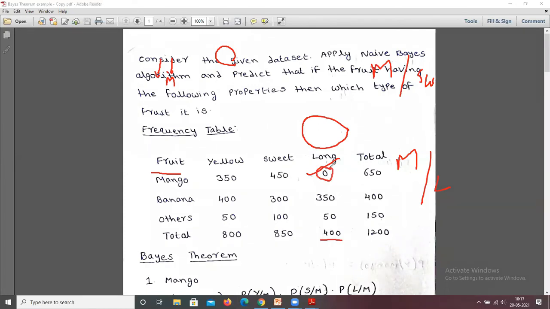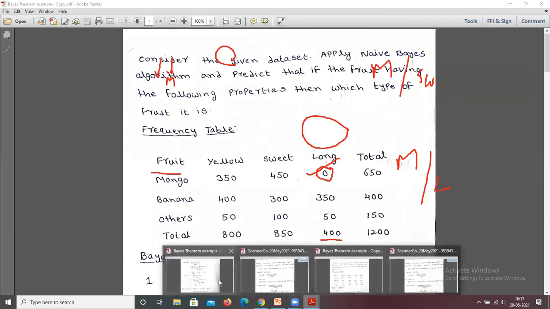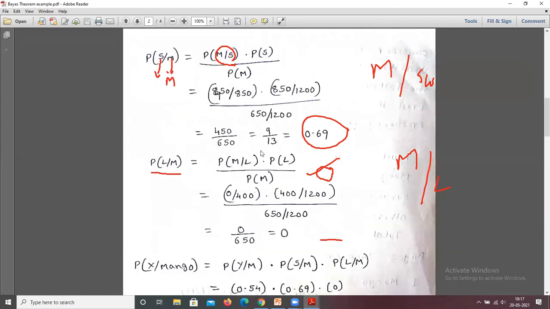So 0 by 400 into P of L, 400 by 1200. That means in 1200 total, 400 are long. By 650 by 1200, if you calculate this, we got 0.